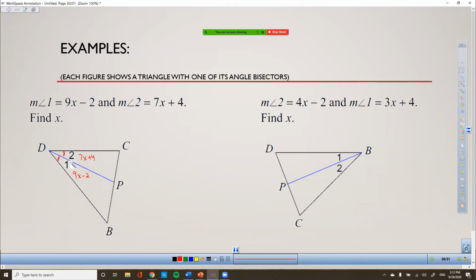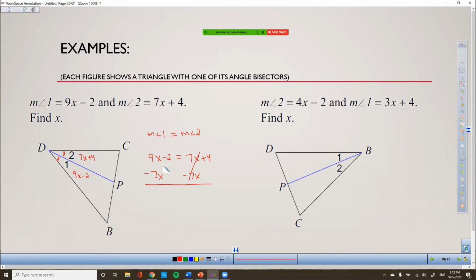Well, again, since this is the angle bisector, that means that the measurement of angle 1 equals the measurement of angle 2 because the angle bisector cuts it into two equal parts. So that means that the measurement of angle 1, which is 9x minus 2, should equal the measurement of angle 2, which is 7x plus 4. Since it's the angle bisector, now I can solve for x. Letters with letters first, minus 7x, minus 7x.